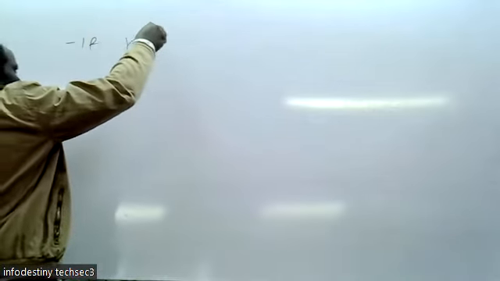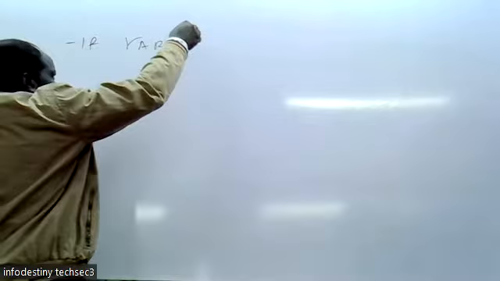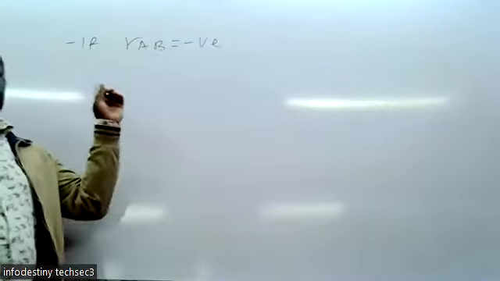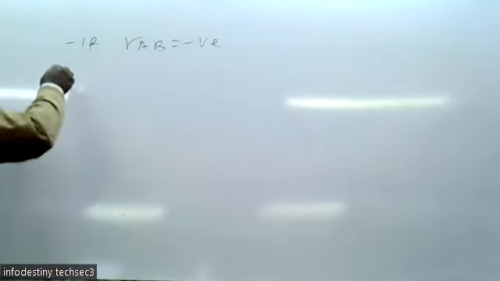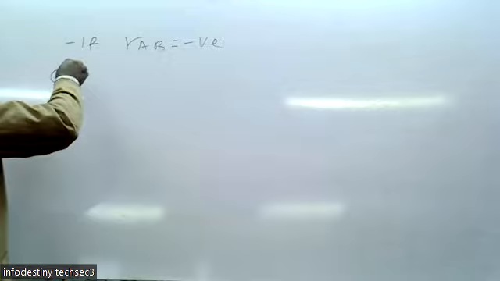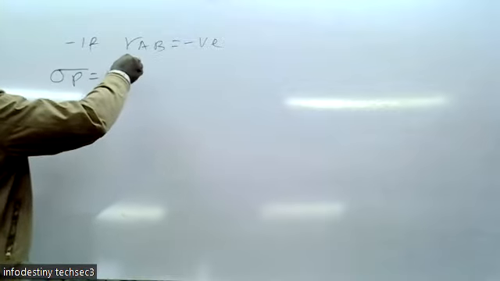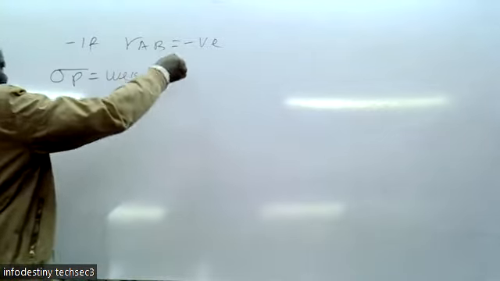Weighted difference. So we are now explaining that if the correlation coefficient between A and B happens to be negative, then the standard deviation of the portfolio will be the weighted difference.